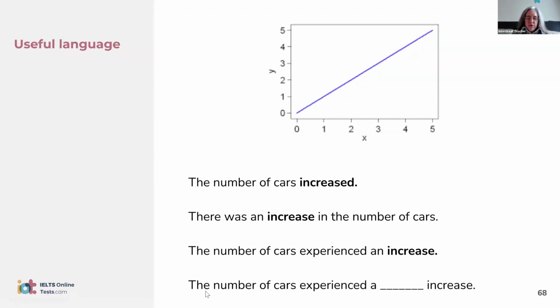Okay. So this time we have the number of cars experienced a increase. So we've already got increase, so we're not looking for anything to do with that word. But we could add in something else to describe the increase. So this is really good for varying your vocabulary.